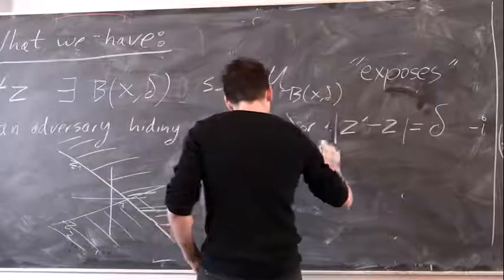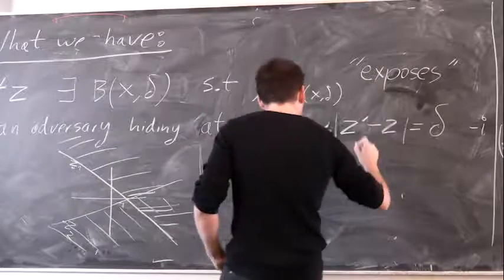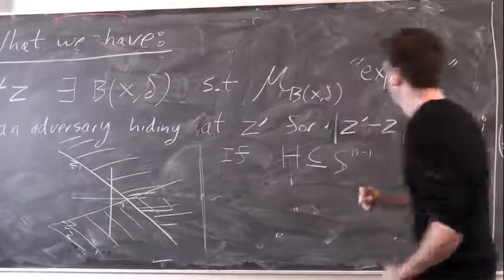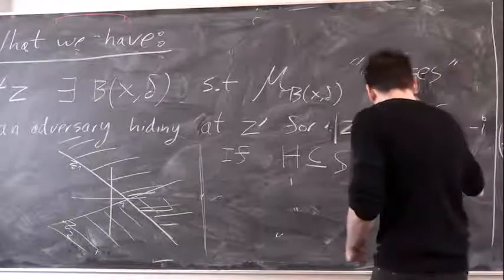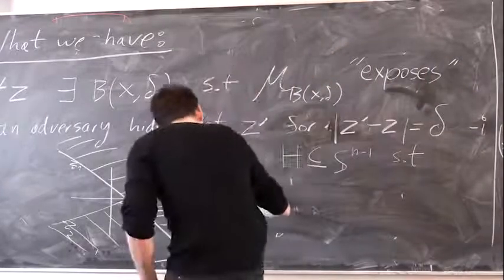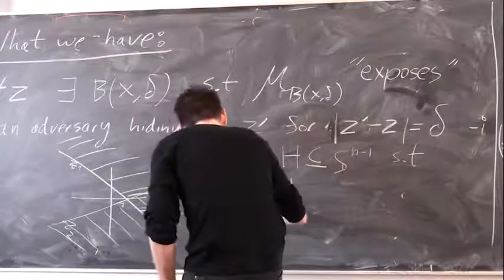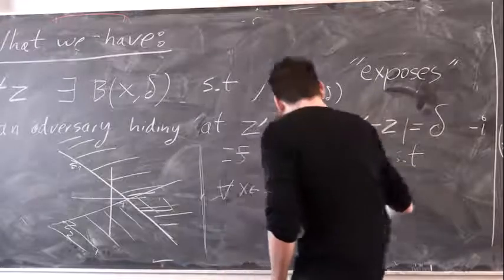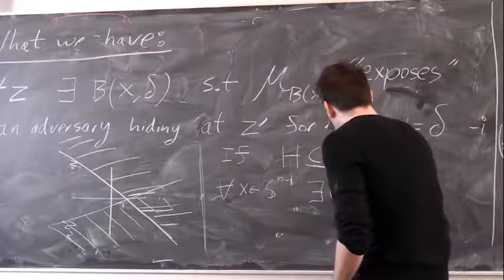If we have a subset of the set of all directions such that for every direction x, there exists some theta in the subset.